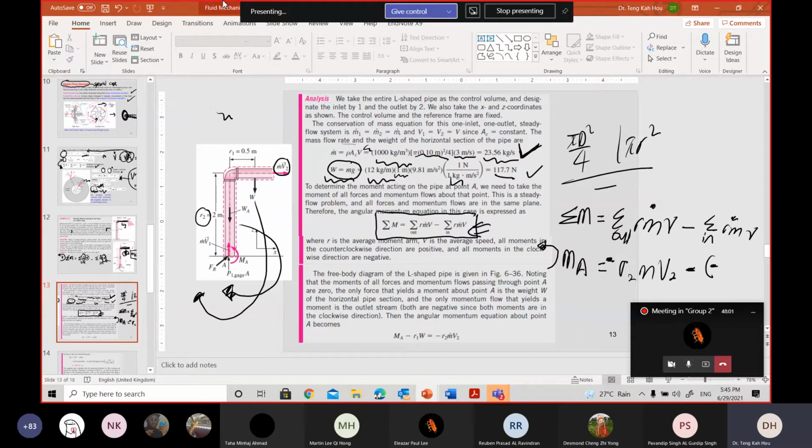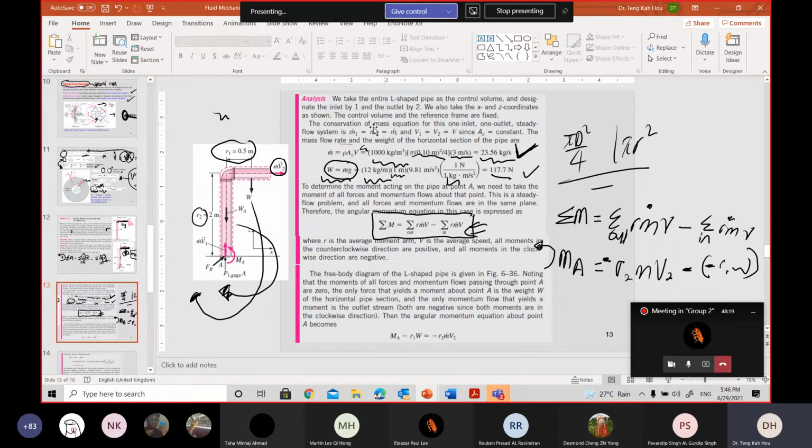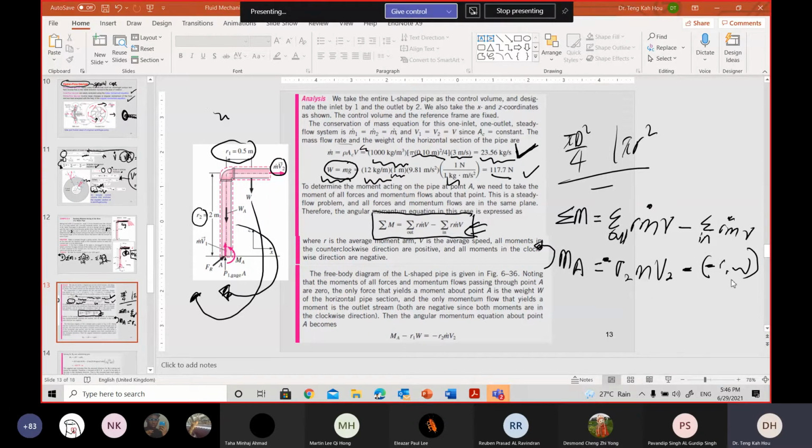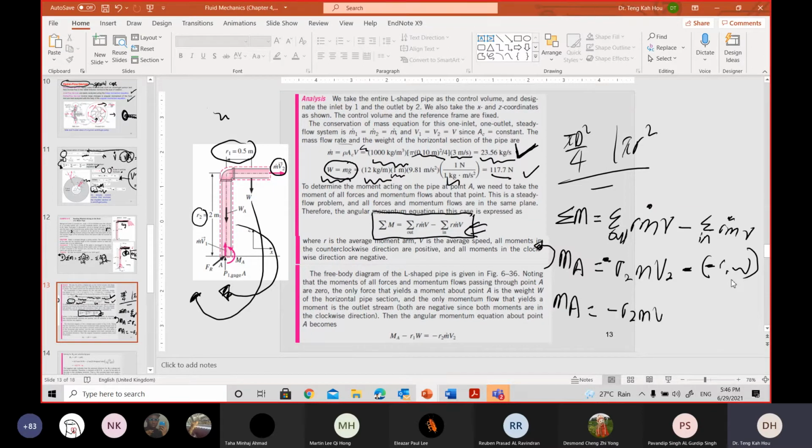So you have a negative R1 times your W, a rotational moment near point A. Okay, so once you reach here, you will have MA equals negative R2 MV2 plus R1 W. Okay, this W is the weight, it's not omega.